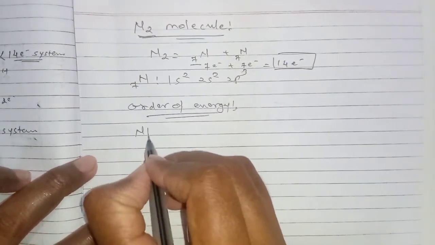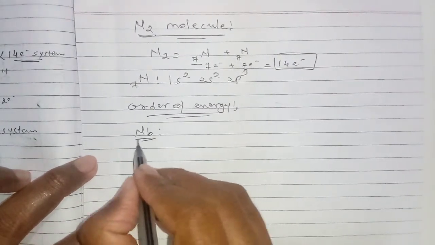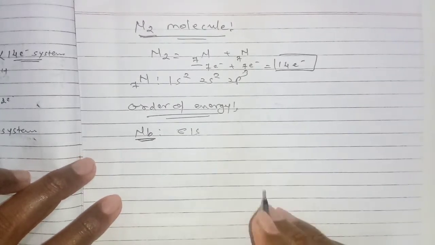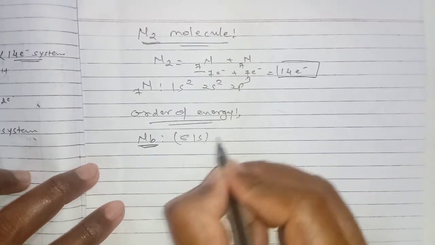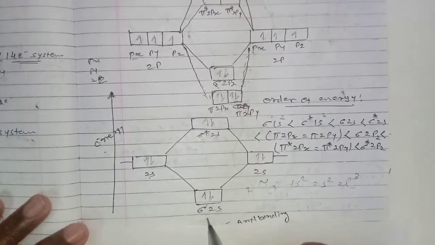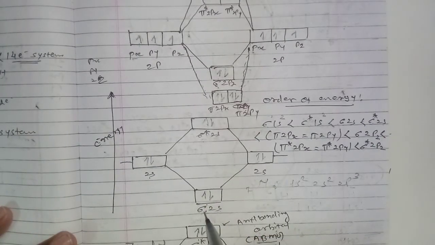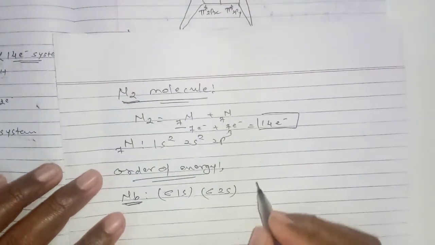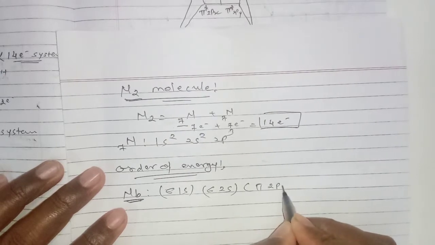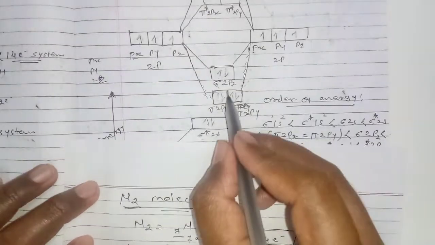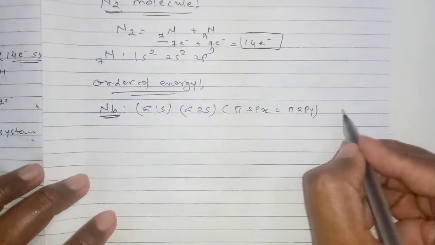Okay, so here the number of electrons present in the bonding molecular orbitals: sigma 1s, sigma 2s, pi 2px and pi 2py, and sigma 2pz.